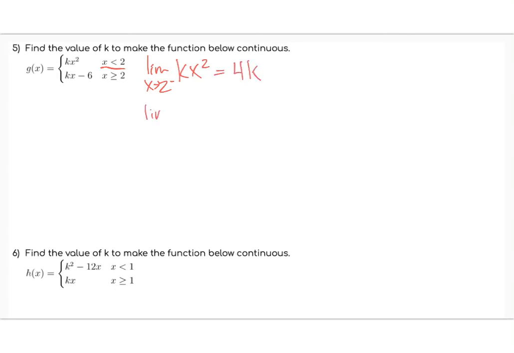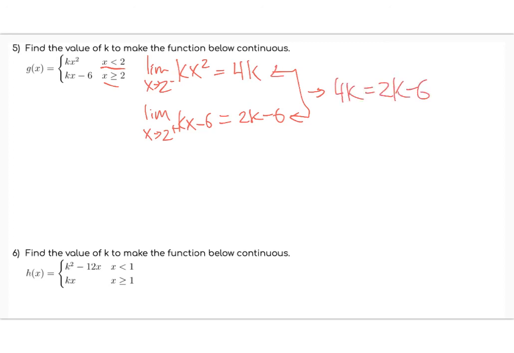And on the bottom, my limit as x approaches 2 from the right, yep, that's definitely the bottom one, kx minus 6, and that's going to be 2k minus 6. Knowing that those two must be equal, we end up with 4k is equal to 2k minus 6. That gives me k is equal to negative 3.